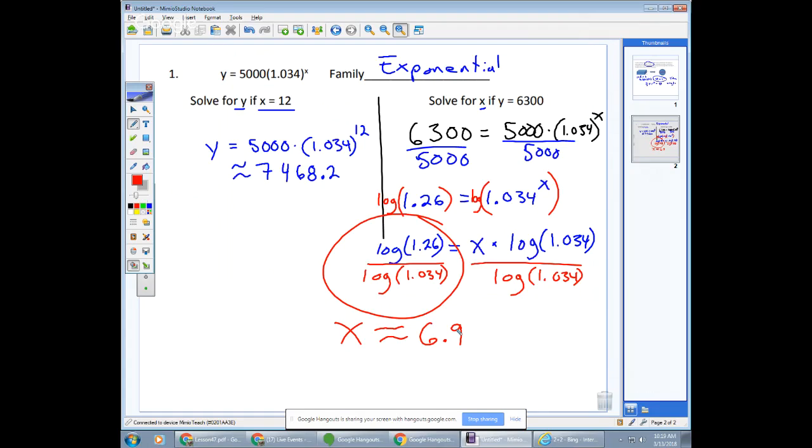How could we check to see if that's right? Yeah, plug it back into the original and see what happens. For a check, after you solve an equation, just plug back in. What is 5,000 times 1.034 to the power 6.9? It should be about 6,300.